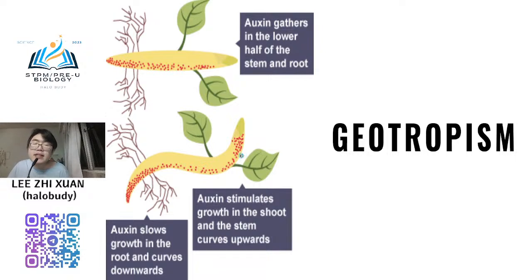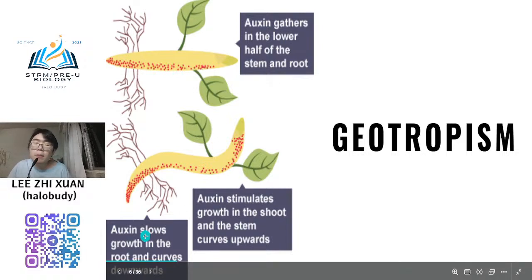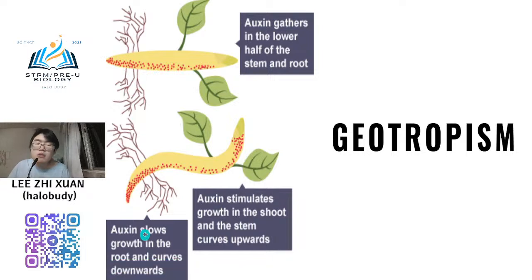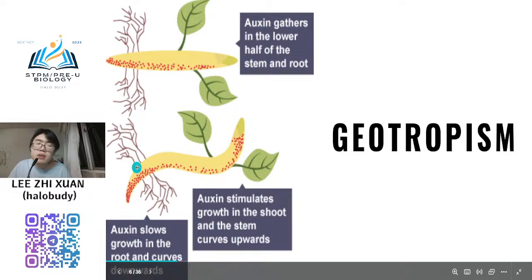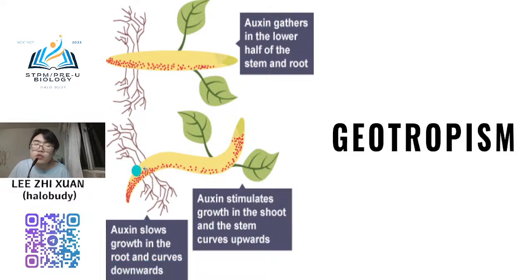But the difference is that auxin stimulates growth in the shoot. So when auxin is accumulated at the under layer of the shoot, it will stimulate the growth. But in the root, auxin functions the opposite way. It will inhibit the growth, meaning that only the upper part of the root will grow and elongate.